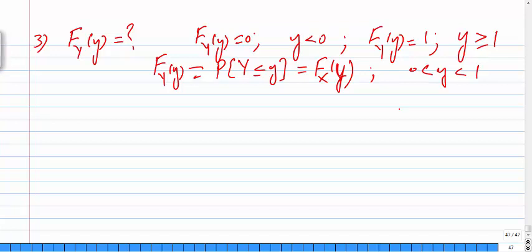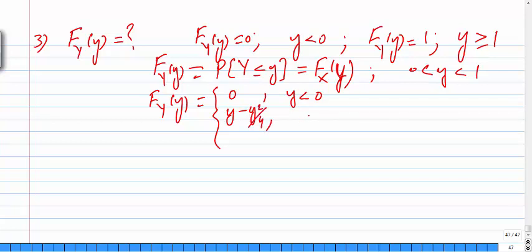So CDF of y is equal to 0 when y is less than 0, otherwise it is equal to fx of y. If you look at the CDF of y, it becomes y minus y square divided by 4 when we are between 0 and 1, and when y is greater than or equal to 1, it is 1. So this is the definition.